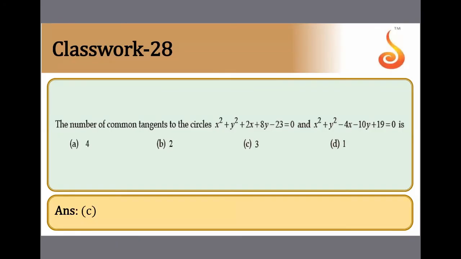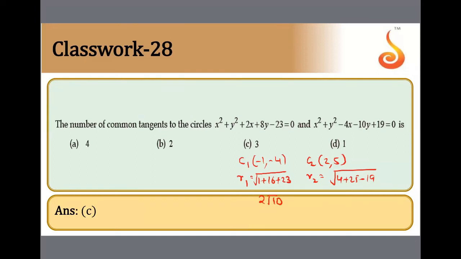Number of common tangents. What is C1? C1 is -1, -4. What is C2? 2, 5. What is R1? R1 is under root of 1 plus 16 plus 23. What is R2? Under root of 4 plus 25 minus 19. So how much do we get here? 40, root 40, which is 2 root 10.